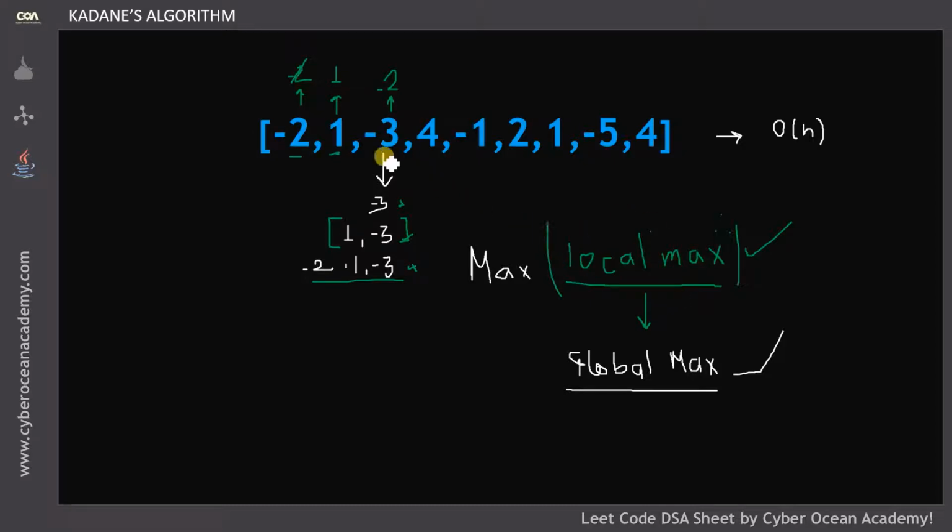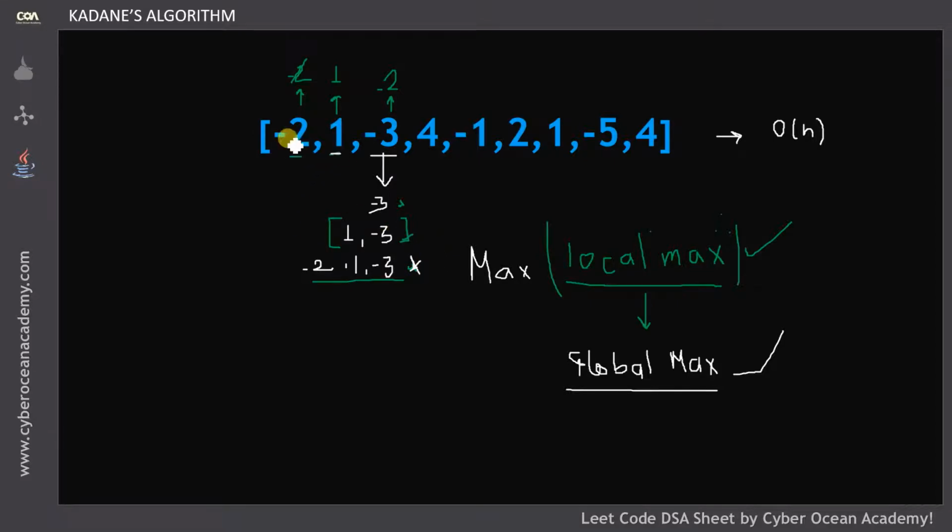When you reach the index minus 3, the possible subarrays are minus 3; 1 comma minus 3; minus 2, 1, comma minus 3, and we have to sum all the subarrays and check which is maximum. But here we have the concept of local maximum, so why check all the subarrays? We will avoid these subarrays because we already calculated the local maximum at this index as 1.